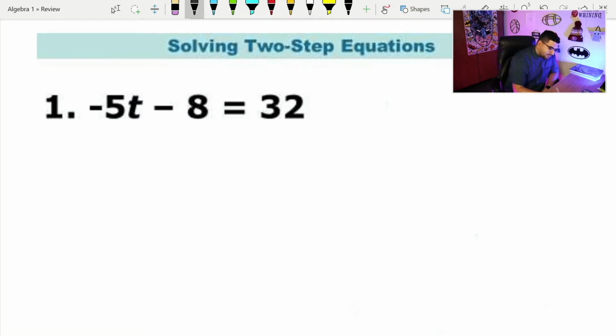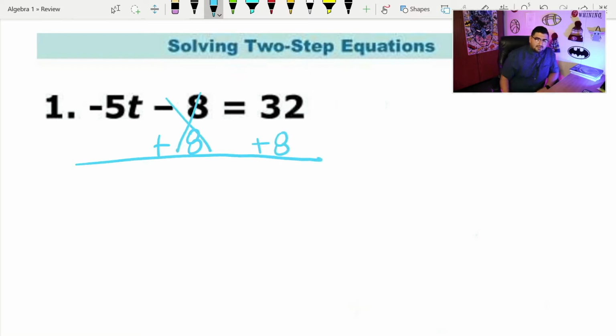The first thing I'm going to do is add 8 to both sides, because that is the opposite of subtracting 8. Which means it'll cancel out, because negative 8 plus 8 is 0, which leaves me with negative 5t. 32 plus 8 gets me 40.